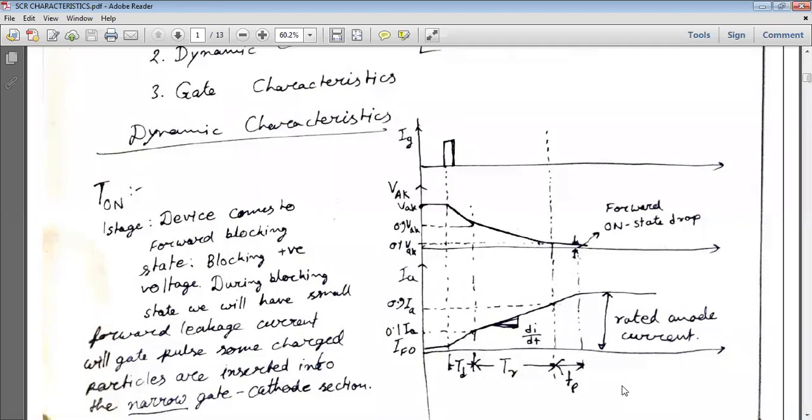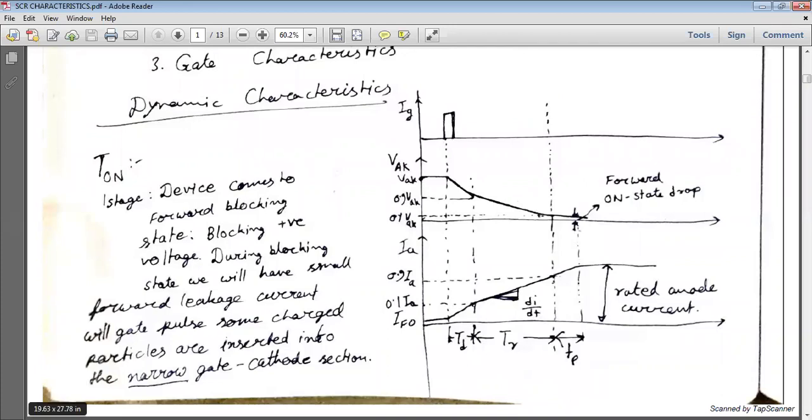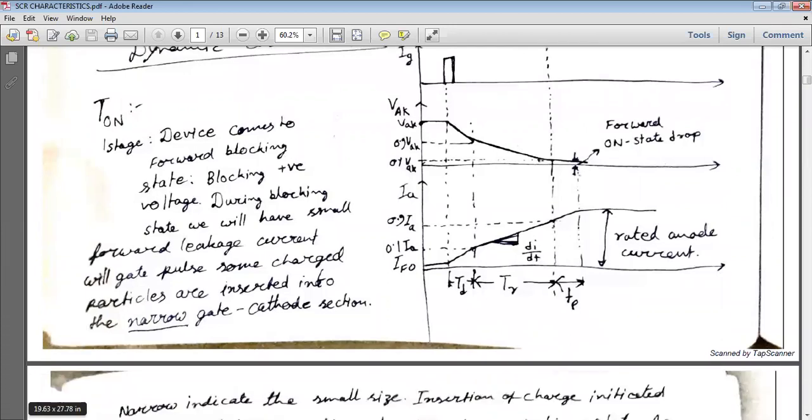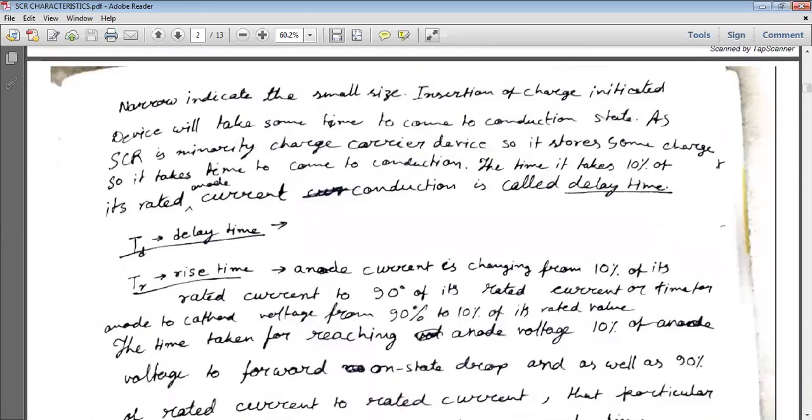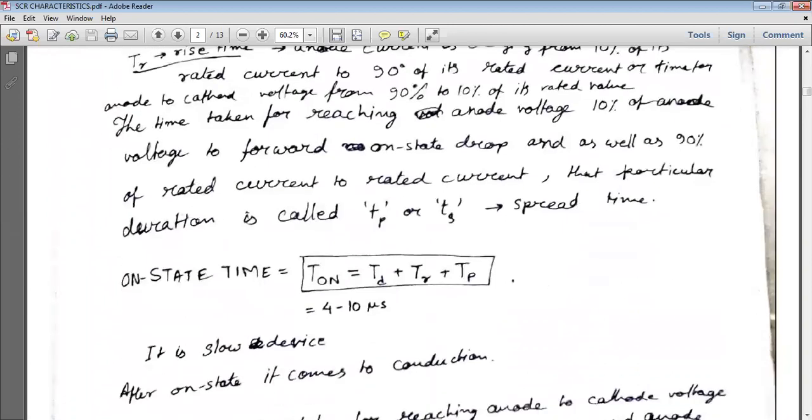And this is the time when it reaches 100%. From 90% to 100% it takes time. That duration is called peak time, denoted by TP. So the total on time T on should be equal to TD plus TR plus TP, and that is 4 to 10 microseconds. So actually it is a slow device.